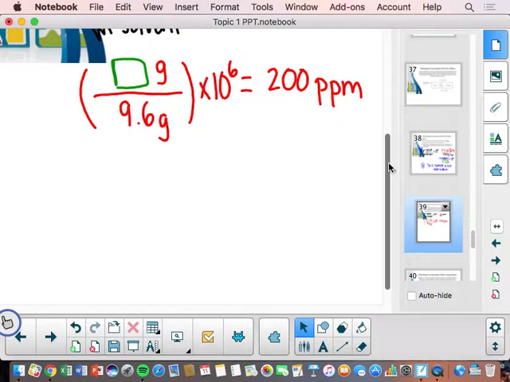So what I would do here is I would first take this 9.6 and multiply it by 10 to the 6. And obviously that would give us 9.6 times 10 to the 6. So if I cross multiply here, that's what I'm doing.